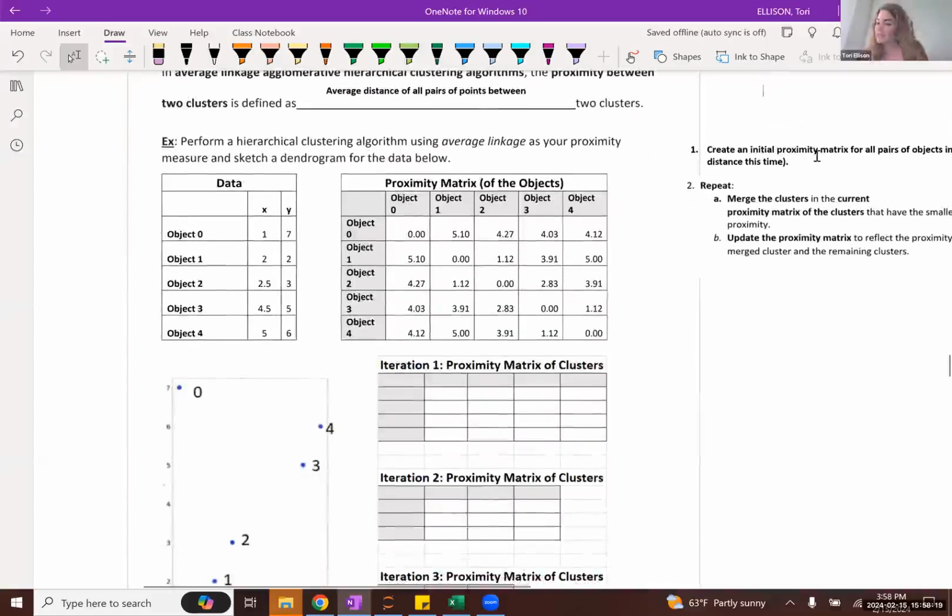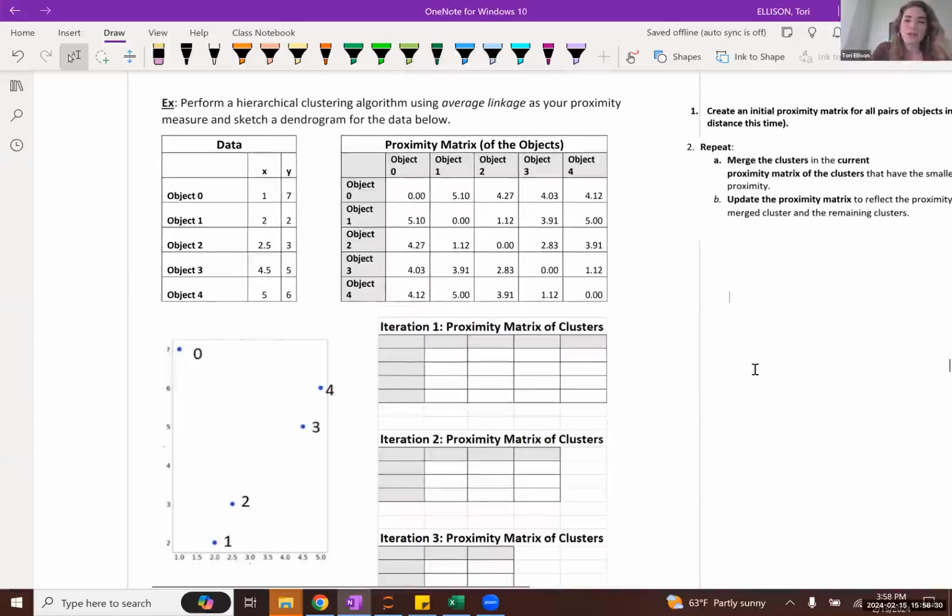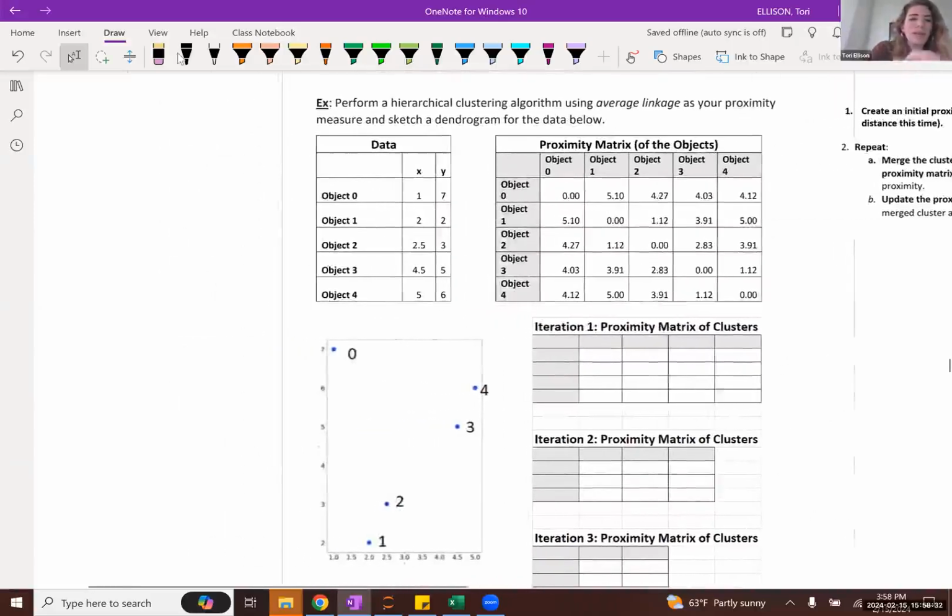But let's cluster this same data set now using average linkage. Okay, so this agglomerative hierarchical clustering algorithm. We start again with every observation in its own singleton cluster.